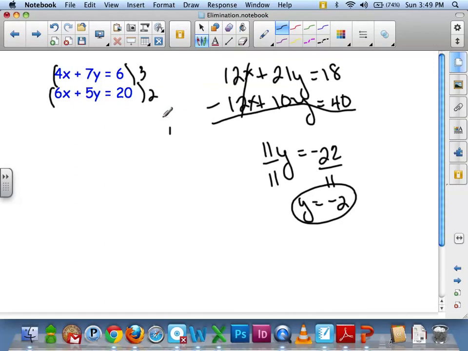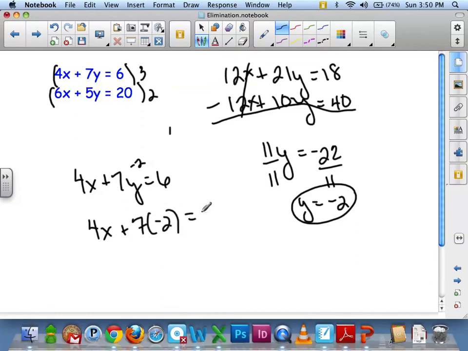Okay. Now, I can either use one of the two equations I created when I multiplied, or I can use one of the two original. I'm going to use the first one. So I'm going to have 4x plus 7y equals 6. Okay, I'm watching this time. Negative 2 goes in for this y. So I've got 4x plus 7 times negative 2 equals 6.